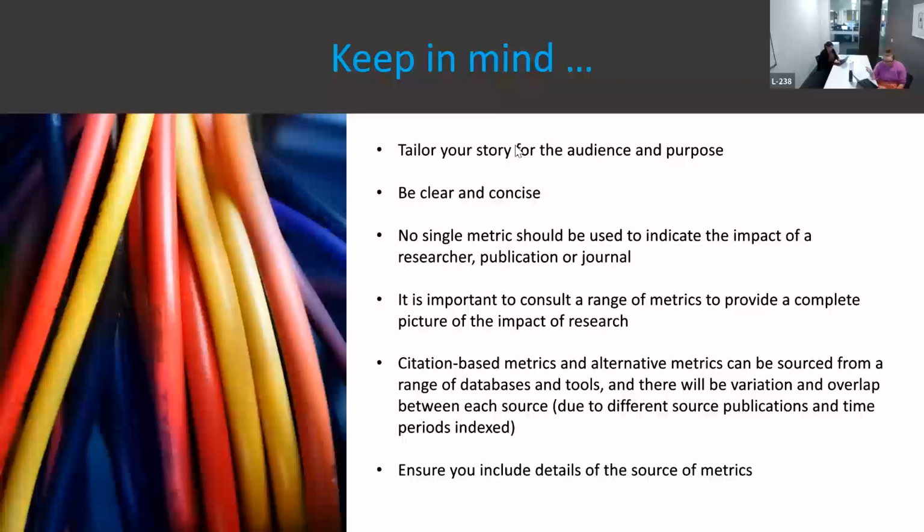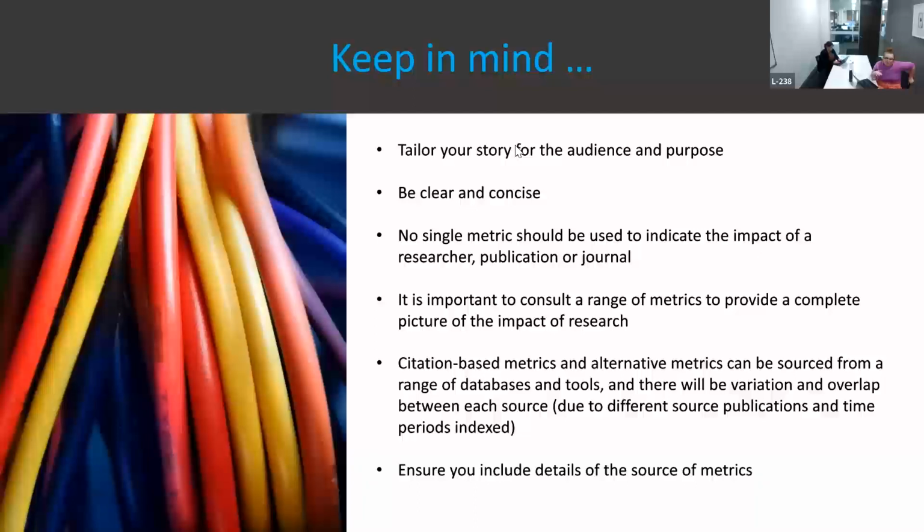Also, no system is perfect. So citation-based metrics and alternative metrics can be sourced from a range of databases and tools, and there will be variation and overlap between the sources due to the different source publications and the time periods indexed. So we saw there with SciVal, particularly in the overview module, it only looks at a certain year. You can change that. Insights is the same as well.